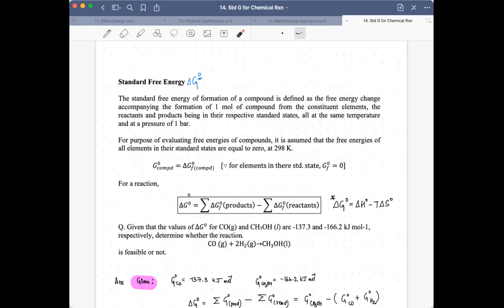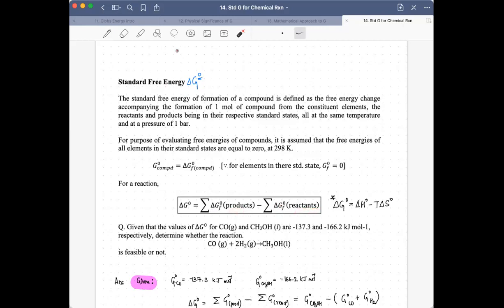Okay, now how to do that? This is a formula that we use in general for a reaction. If you want to calculate the standard Gibbs energy change for a chemical reaction, we sum the standard Gibbs energy of formation of the products, then subtract the sum of the standard Gibbs energy of formation of the reactants.